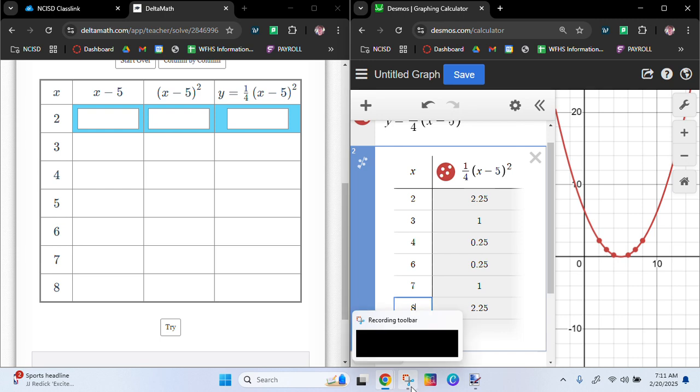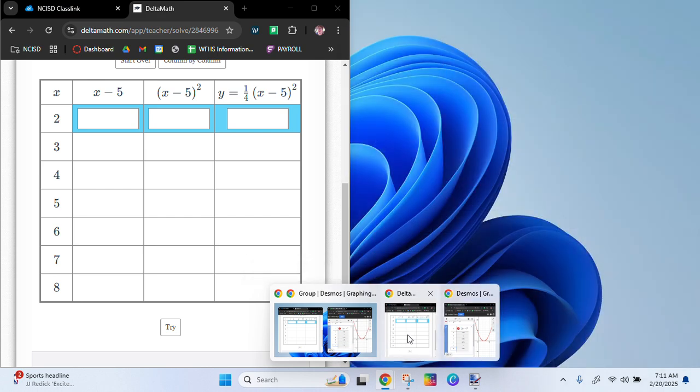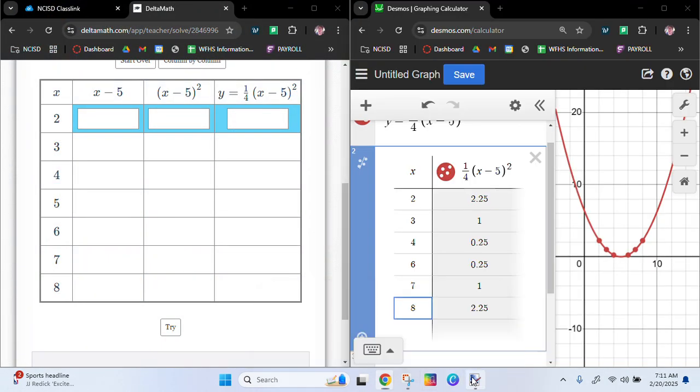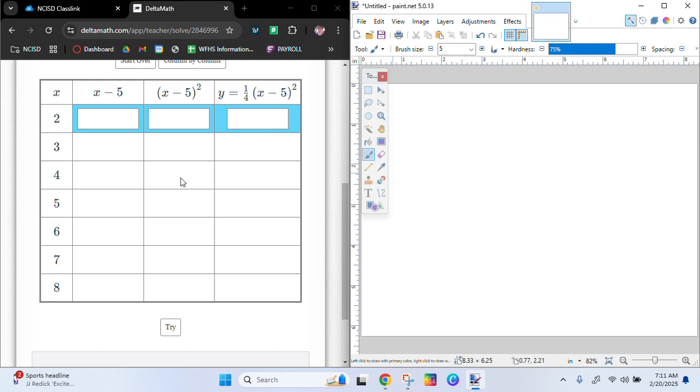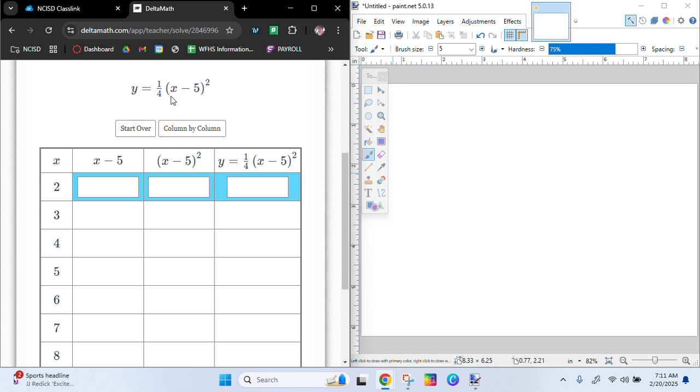So, for example, let me just open up my sketchpad. Where is my sketchpad? There's my sketchpad. Okay. Our equation, they have taken it and they have broken it down into its smaller parts.